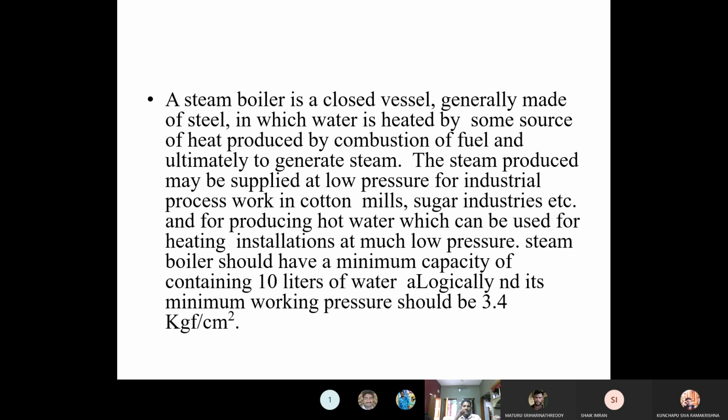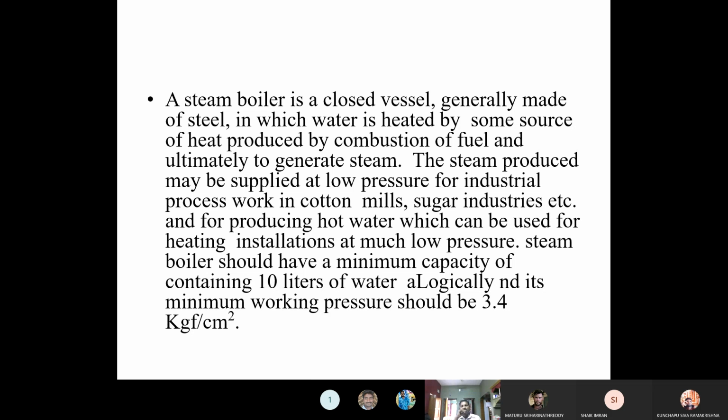As the heat is supplied to the boiler, the water temperature will increase up to the saturation point. Once the temperature crosses the saturation point, evaporation starts. Okay, water evaporated, means steam generation starts.